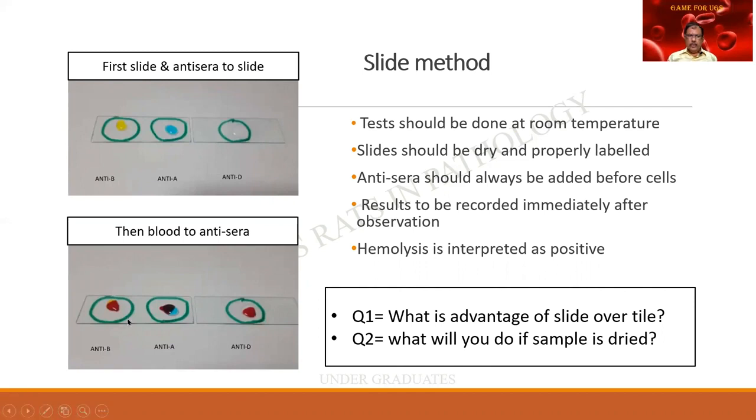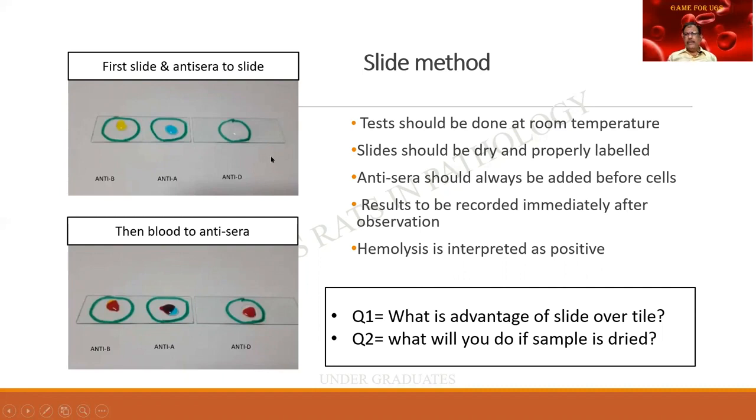So generally what we do is we place it by the side and then mix them by means of either a sterile stick, or sometimes if you are experienced, we use the corners of a slide. And look at this one, the slide should be properly labeled and the antisera should be added and the results recorded immediately. And whenever there is agglutination, it is interpreted as positive.